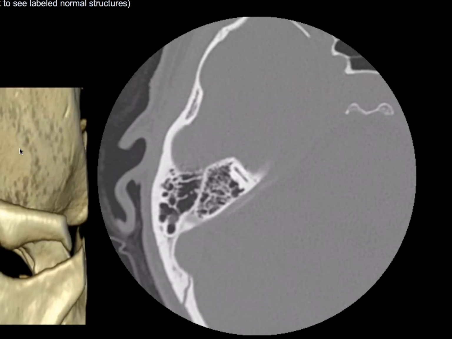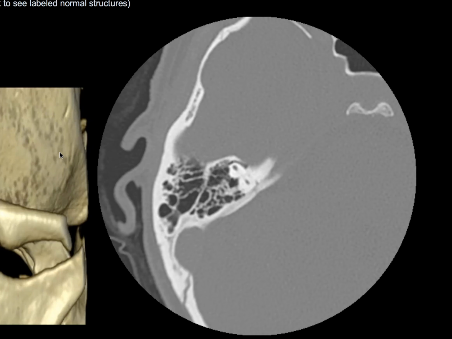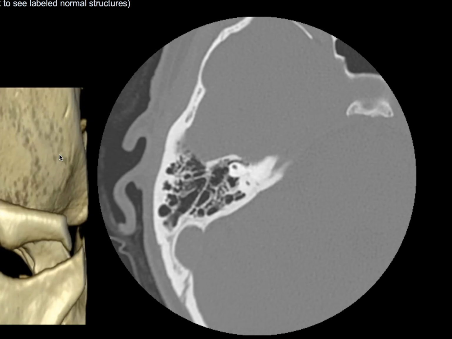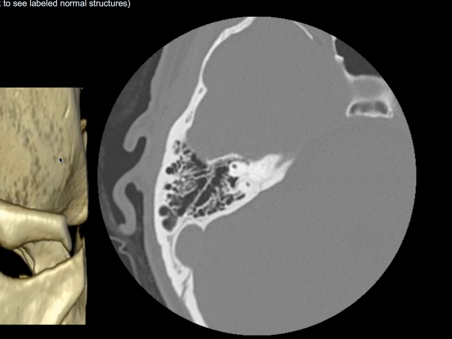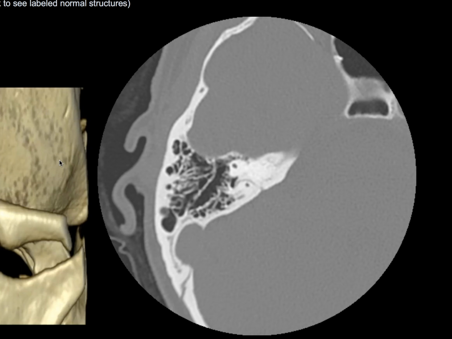Here you start to see the superior semicircular canal. Now here you start to see the cochlear aqueduct, like this mini internal auditory canal.